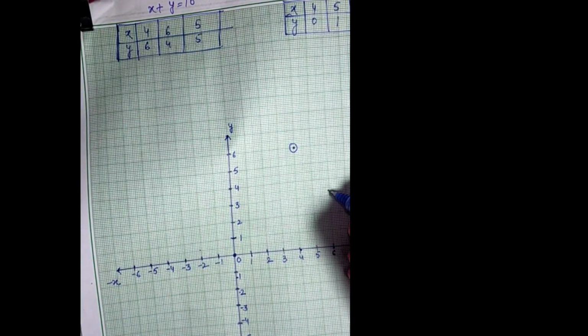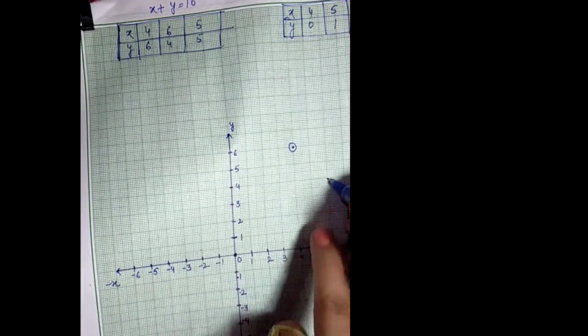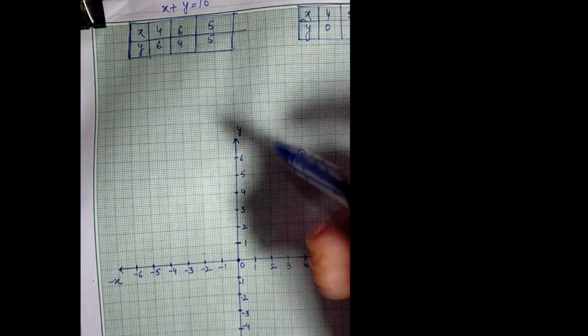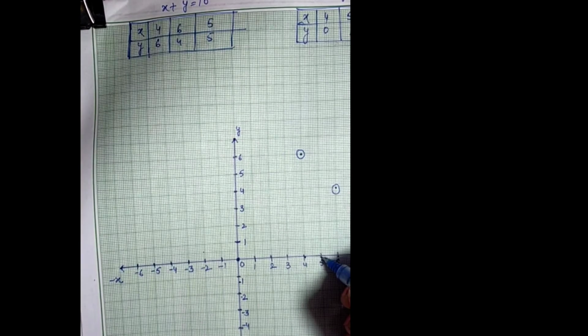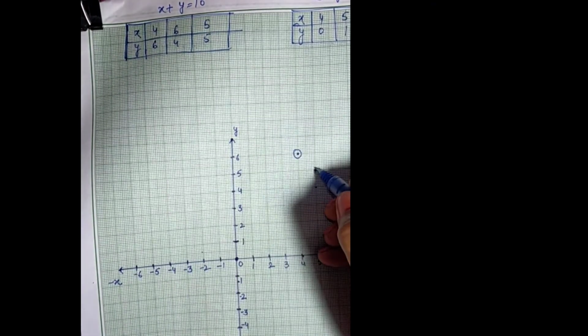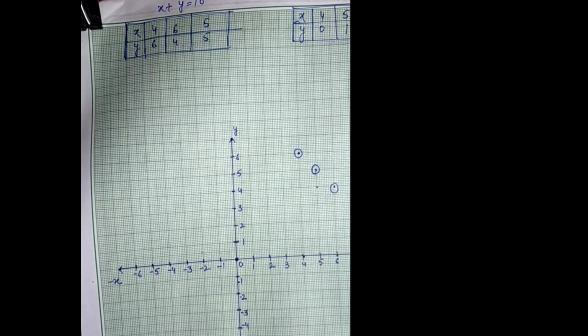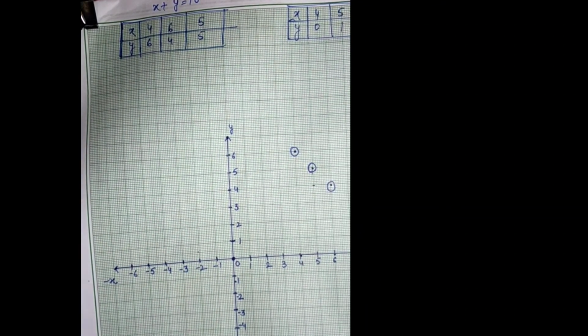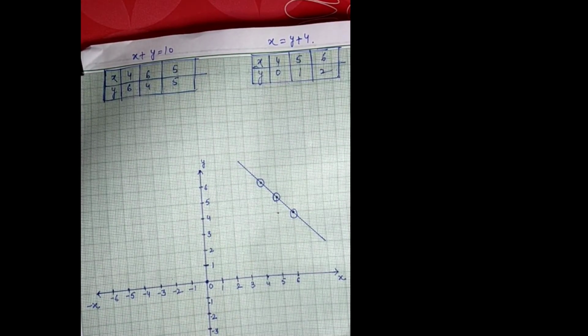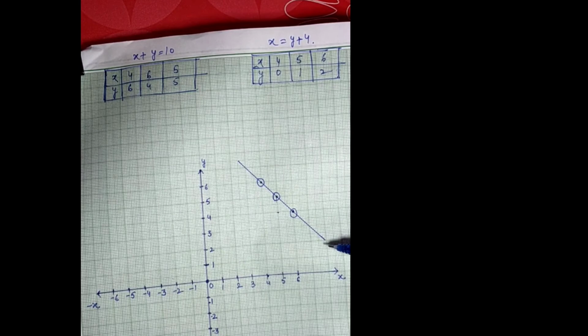Next point is 5, 5. 5 from here and 5 from this side. So you can see I got the 3 points now. Let's join them.